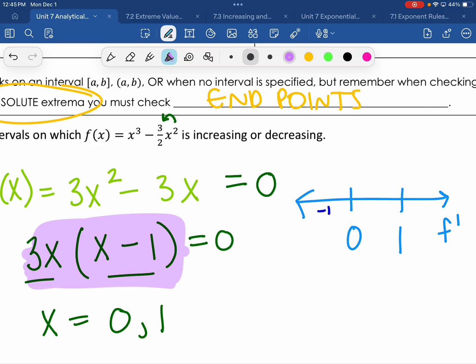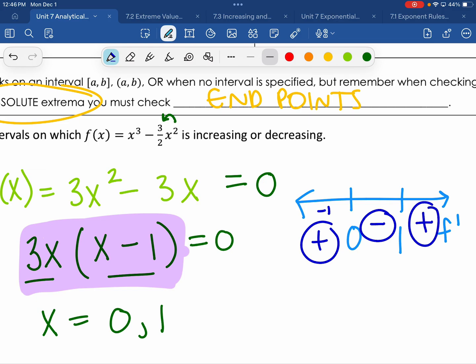When I plug negative 1 in, I get a negative and a negative, which would be positive. So I'm going to do a little plus sign and circle it. Then a number between 0 and 1, like 0.5. So positive, negative would be negative. And then a number on the right side of 1, like 2. So positive, positive, positive.